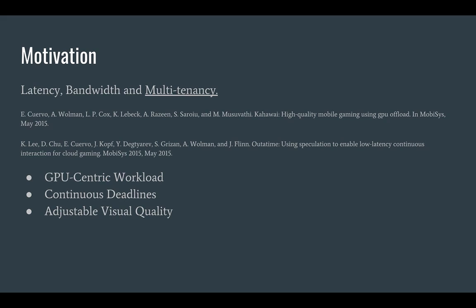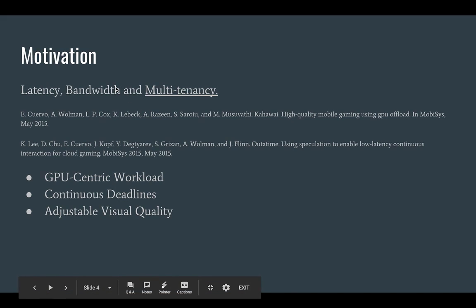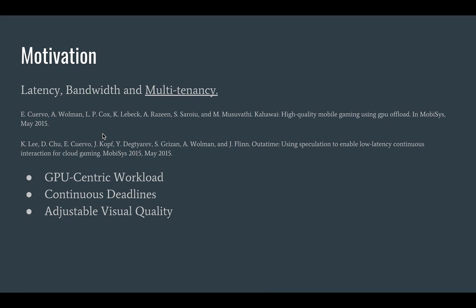Motivation. According to the paper, the authors mentioned there are some major problems within cloud gaming, which are latency, bandwidth, and multi-tenancy. Latency and bandwidth have been talked about in other resources, so the main problem the authors want to solve is multi-tenancy.